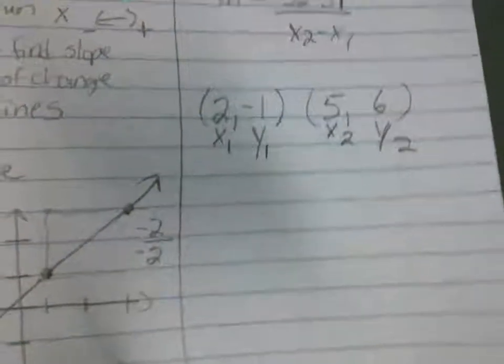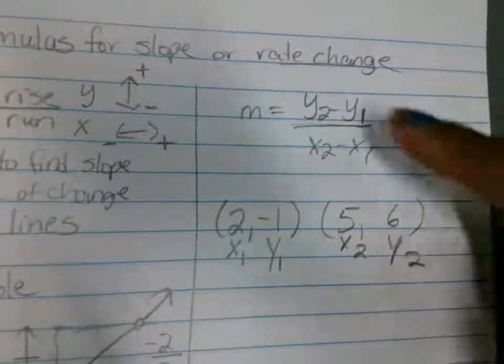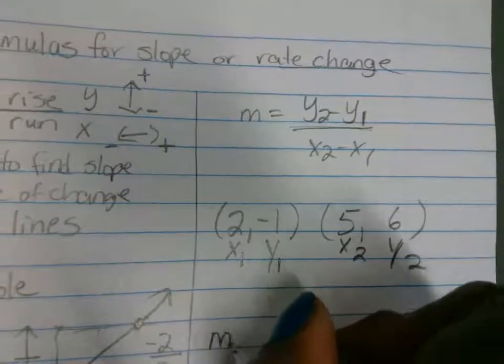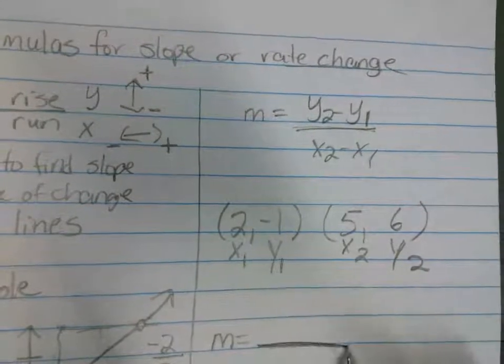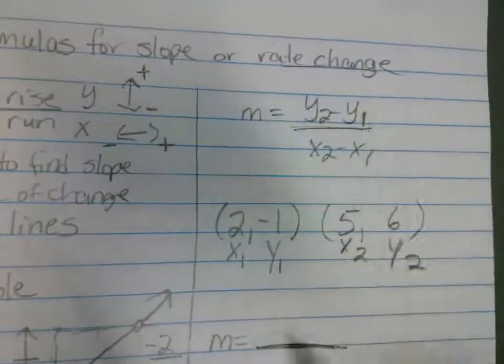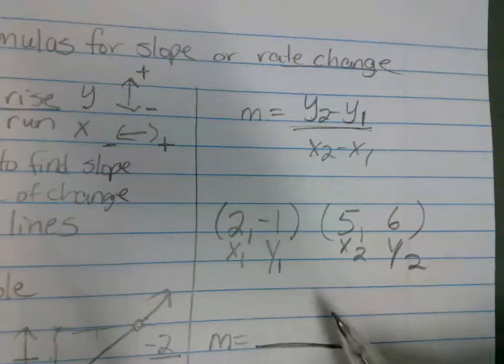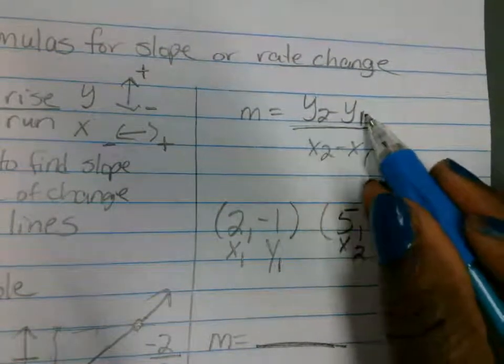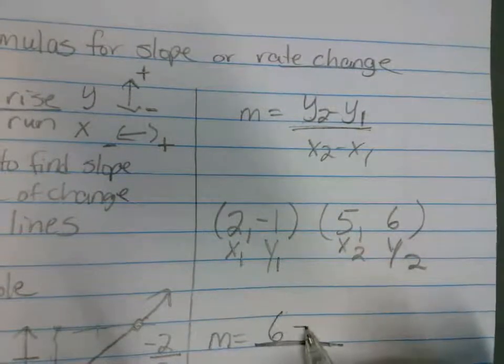So now you have to substitute these numbers into this formula to get your answer. So we got m is equal to what minus what on the top? 6. Remember, it's y2 minus y1. So it's 6 minus what?